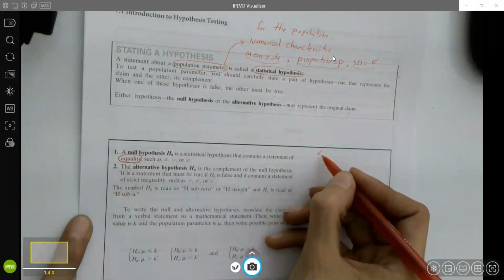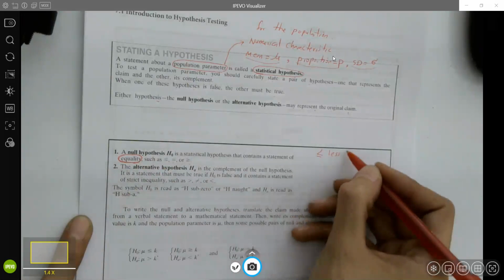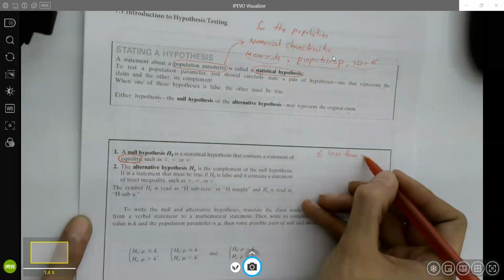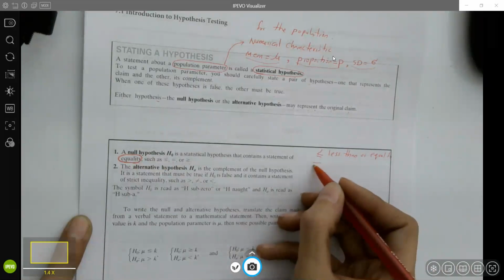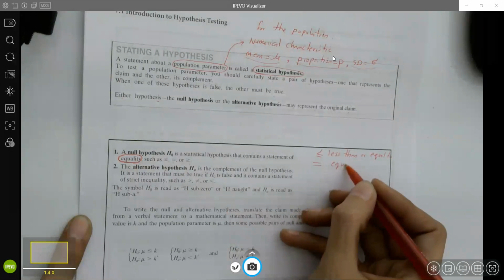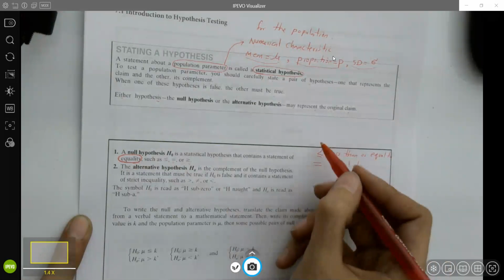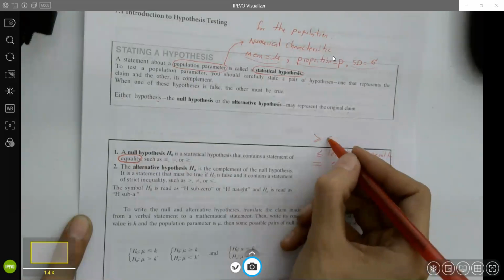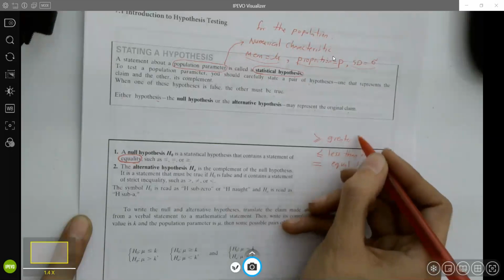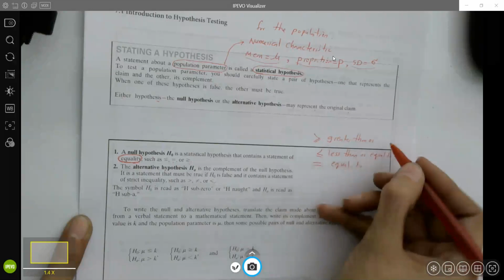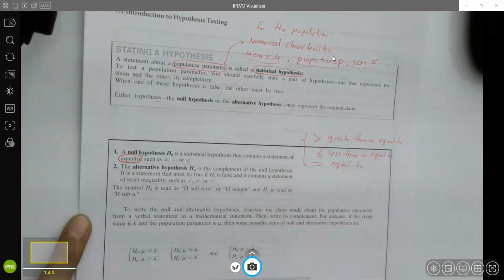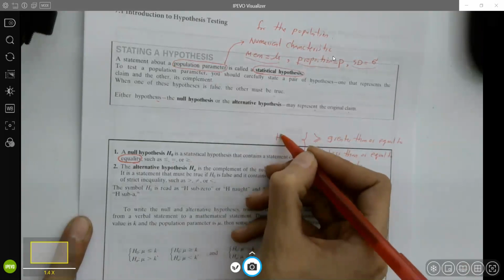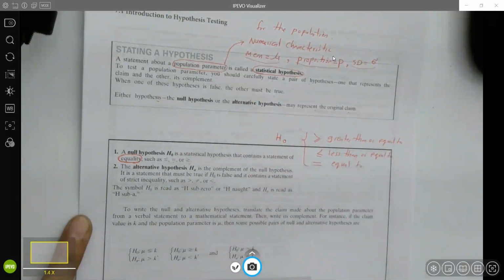So this is less than or equal to. This is equal to, and this symbol is greater than or equal to. They are related to the null hypothesis.